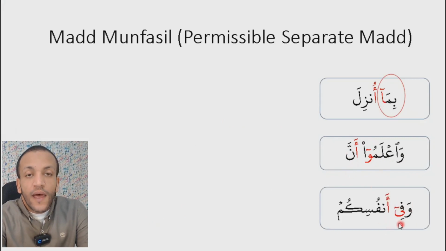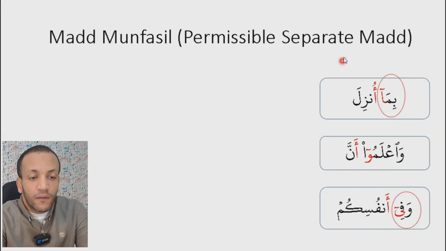And here we have another example for the letter ya. This is one word. Here, this is the first word, and this is the second word. So if you read the two words together, you will apply مد منفصل, a separate مد.